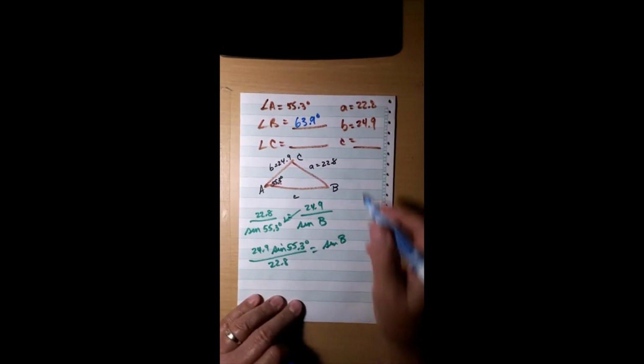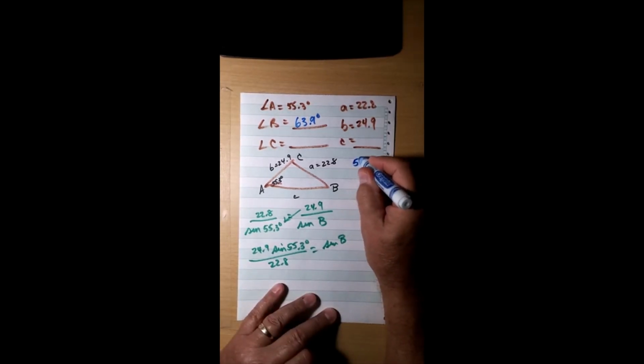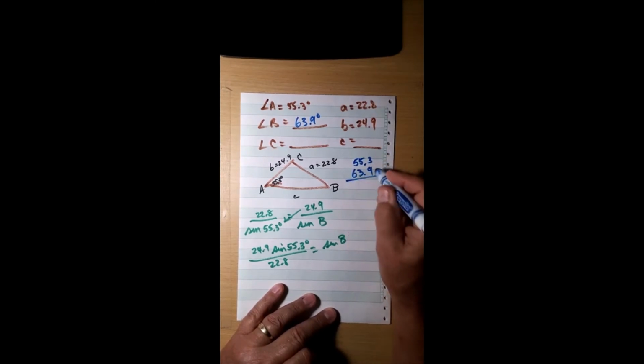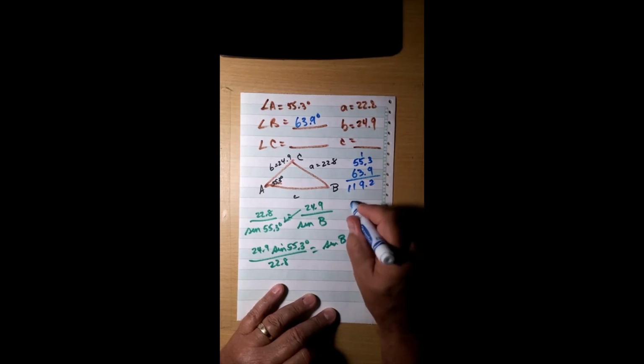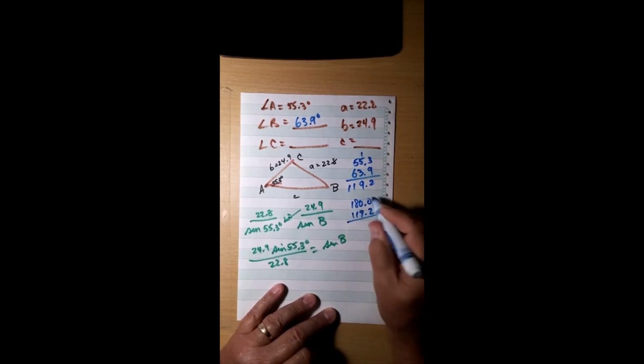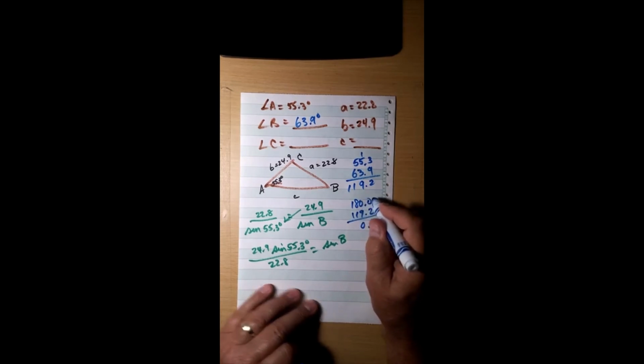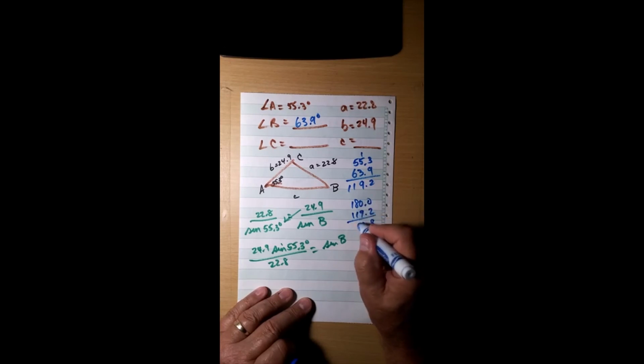To find angle C, you take the 55.3 and add the 63.9. That's 119.2. Subtract that from 180. 10 minus 2 is 8. 9 minus 9 is 0. 7 minus 1 is 6.